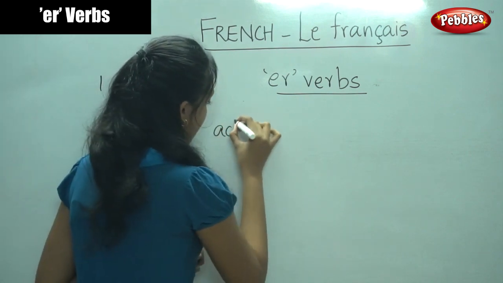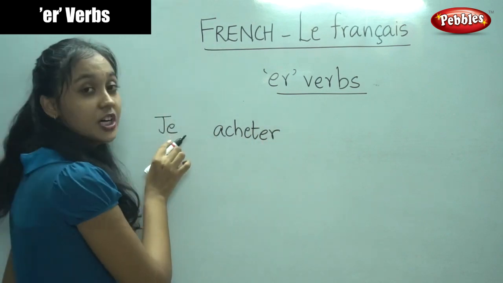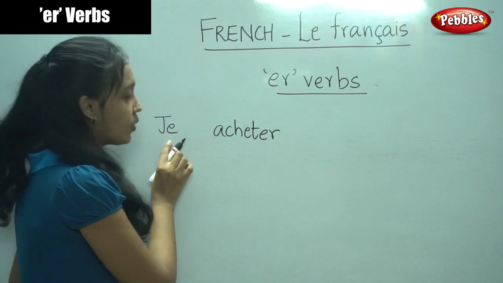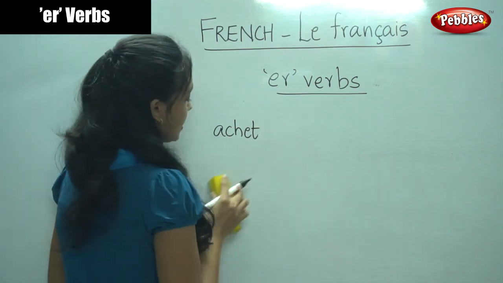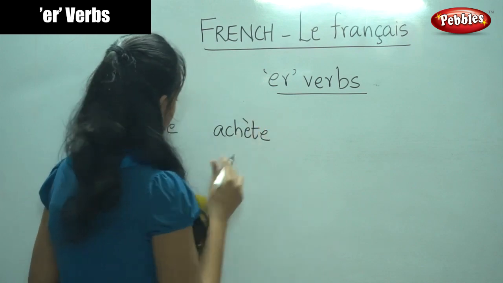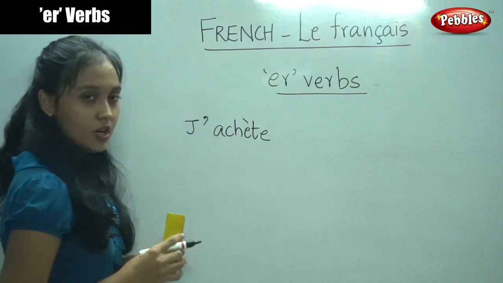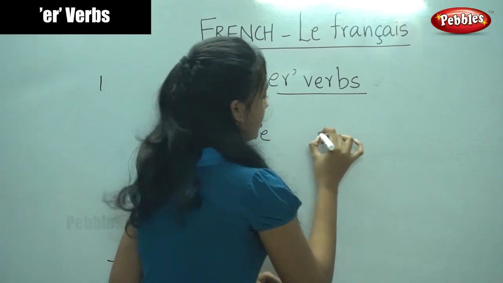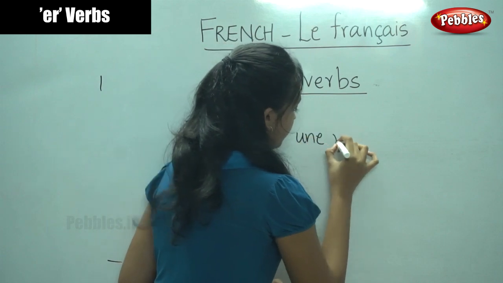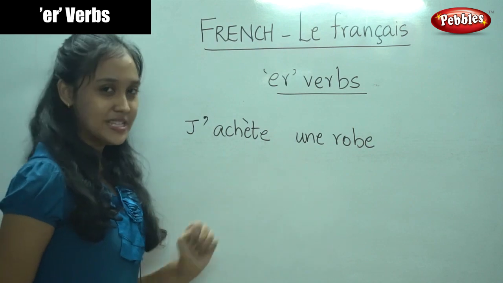It is acheter. However, for je conjugation, do you remember what is the new verb? It is j'achète. So, j'achète une robe. So, we have formed a simple sentence.